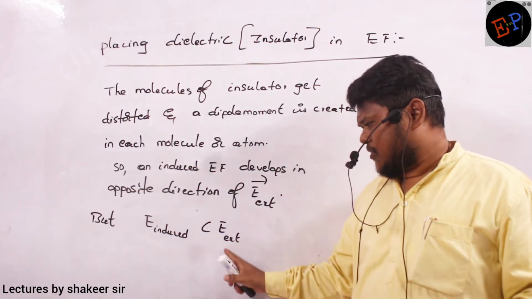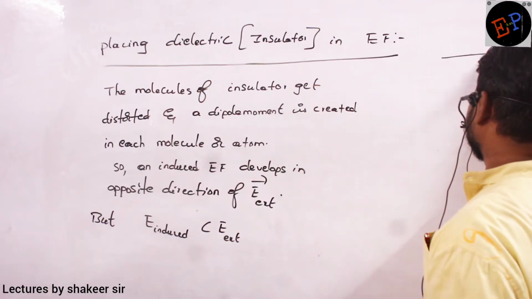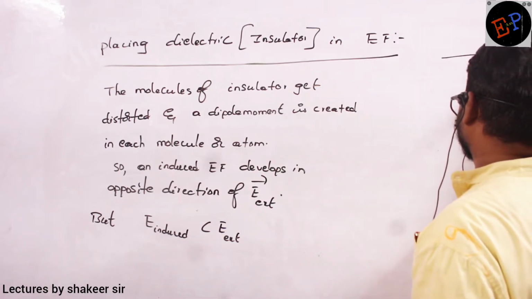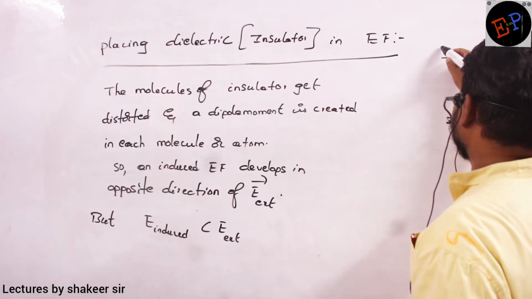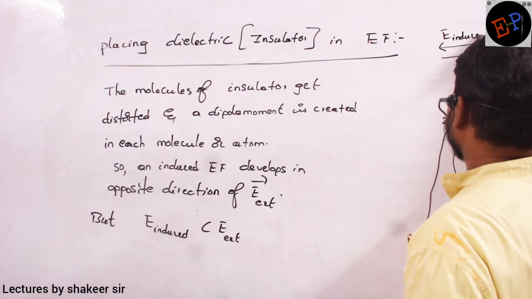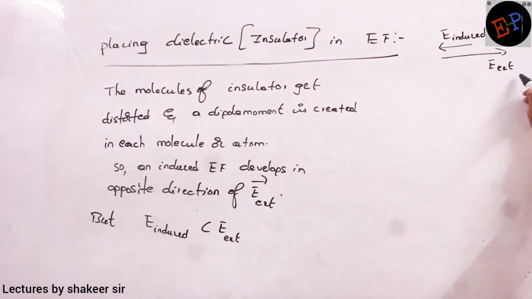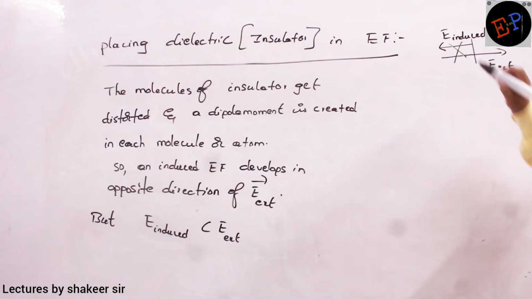So these two electric fields are in opposite direction, no? External electric field is in which direction? E external is in this direction. Induced electric field is in this direction. Clear, no? But external electric field is very large, induced electric field is smaller. So up to this much amount, the electric fields will get cancelled with each other.